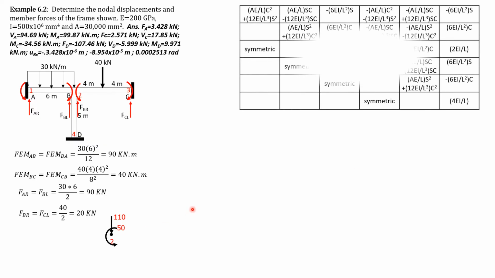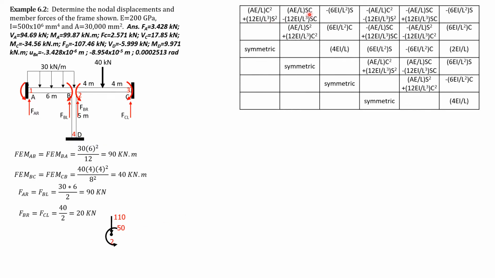So for the member stiffness, you're allowed to have this in your index card because it's very lengthy. Take note of symmetry also. So we input these values to each member. So this is the global stiffness. Then for AB, you just substitute the properties here.